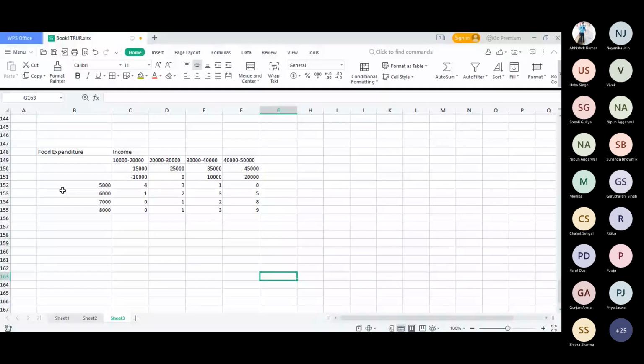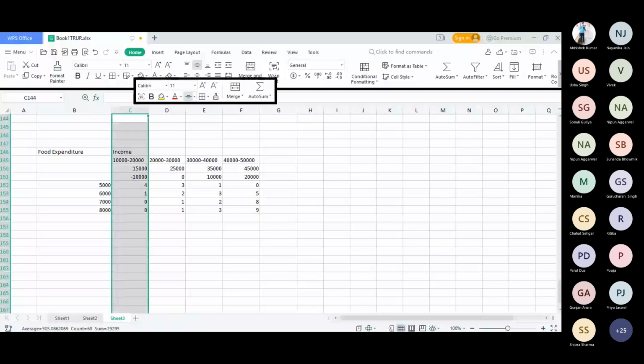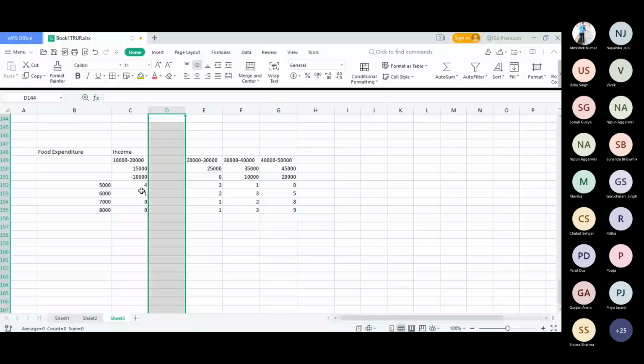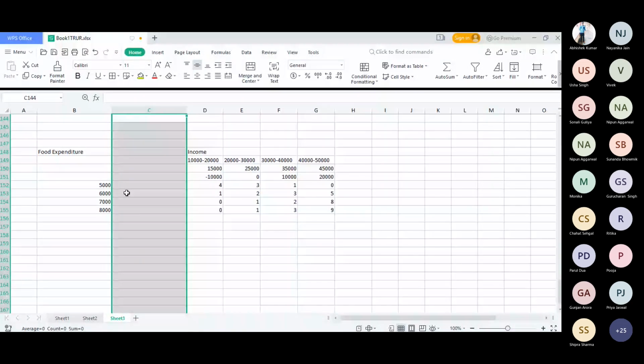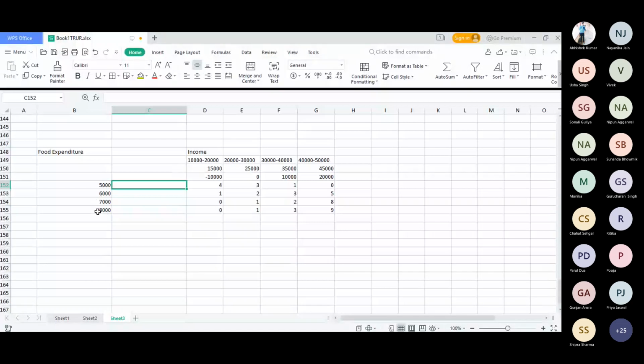Similarly, you can calculate the value of dy. In this case, 5,000 plus 8,000 is 13,000, and 13 by 2 is 6.5, so the nearest value is maybe 7,000.